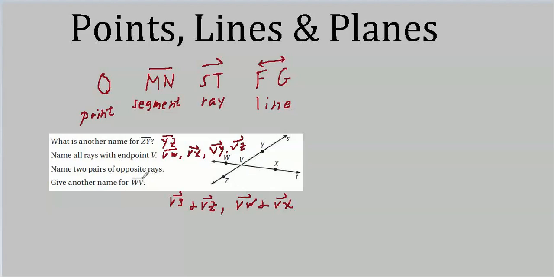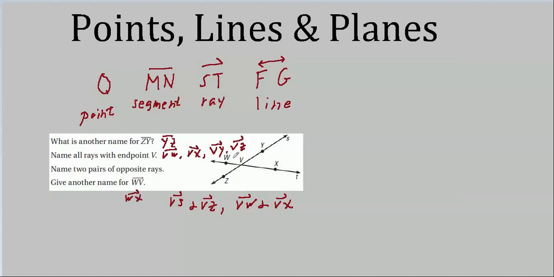And another name for VW. Well, remember this is a ray, so we can't write WV. That'd be cool, but we can't do it. WV, we're referring now to a ray that's with an endpoint of W, and it takes off in this direction. WV is a legitimate name for the ray that starts at W here. WX is also a legitimate way to label it.